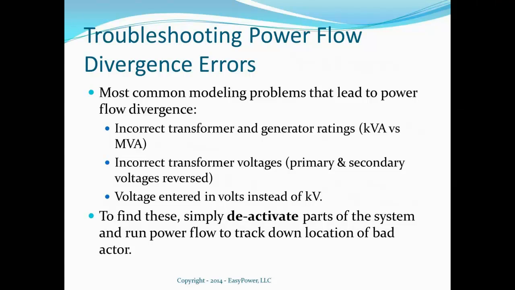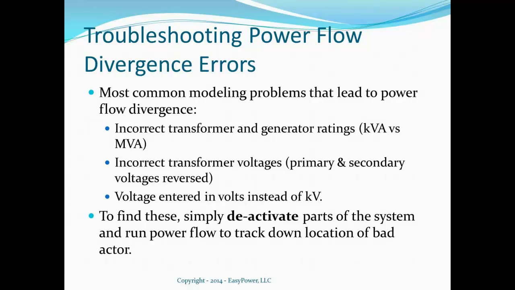If it's failing right off the bat as soon as you build the model, most likely you have something incorrect in the model. The things that the program will hiccup on are if you put the generator rating in kVA instead of MVA or vice versa. Same with the transformer.